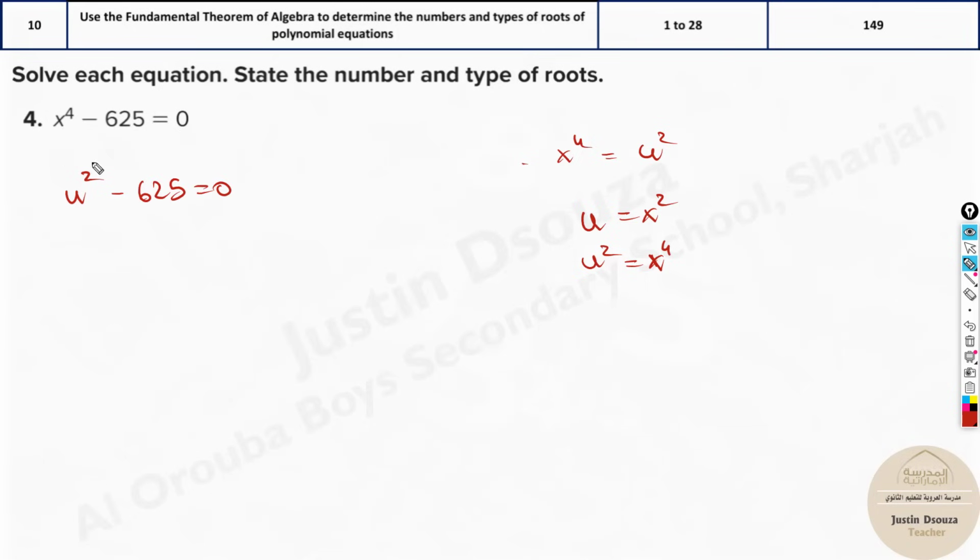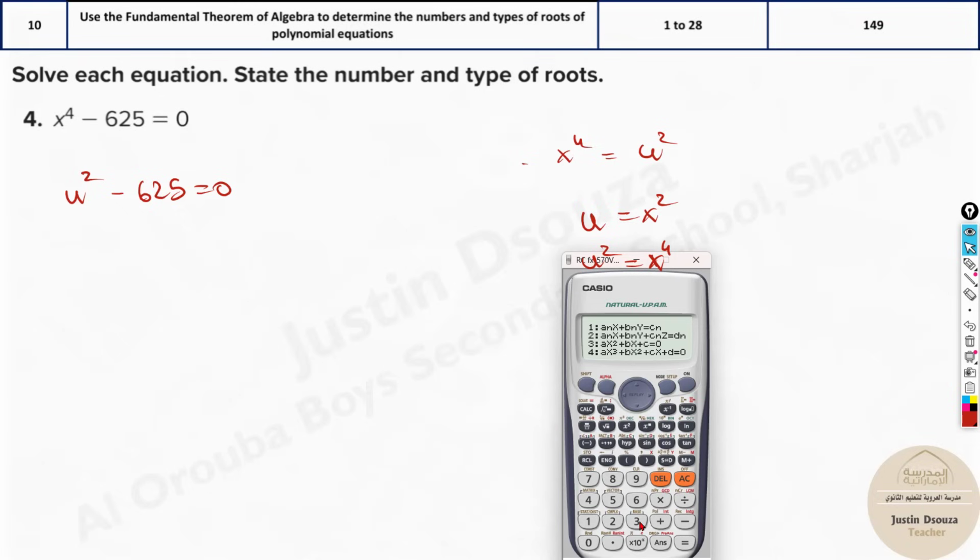Now we can use the calculator and solve this, right? It's a quadratic. Again, we just use mode 5 and 3. The coefficient of u squared is 1. There is no u term. And lastly, we have minus 625. So what are the answers? It is 25 and minus 25. So here u is equal to 25. u is equal to minus 25. So what is u basically? It's x squared is equal to 25.